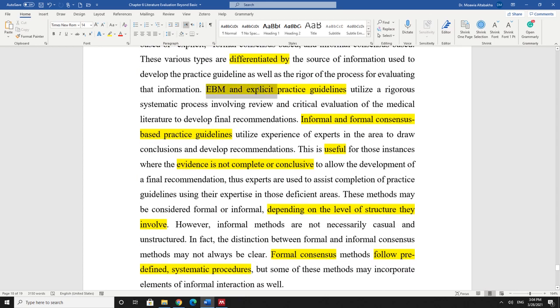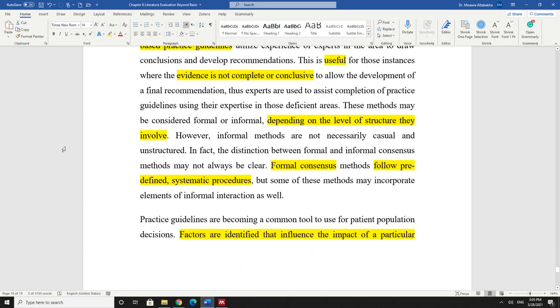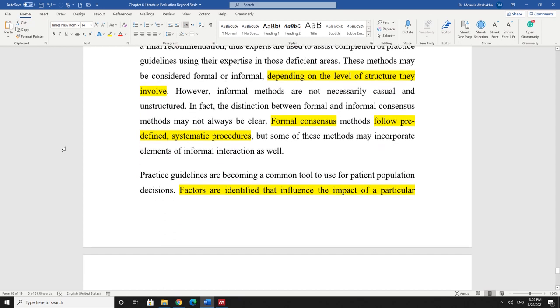Of course, evidence-based is the strongest type of guidelines, then the formal, and then the informal.